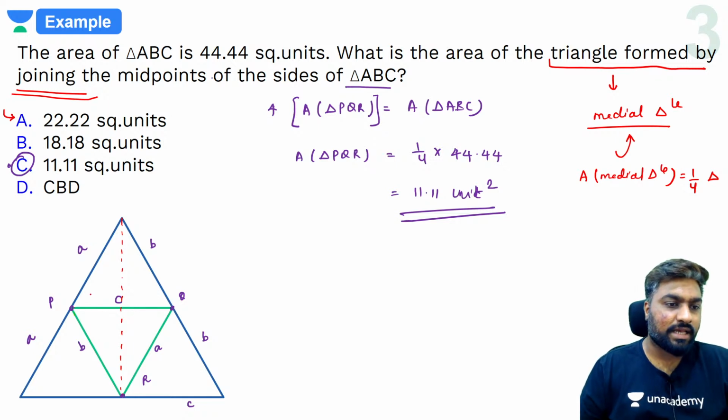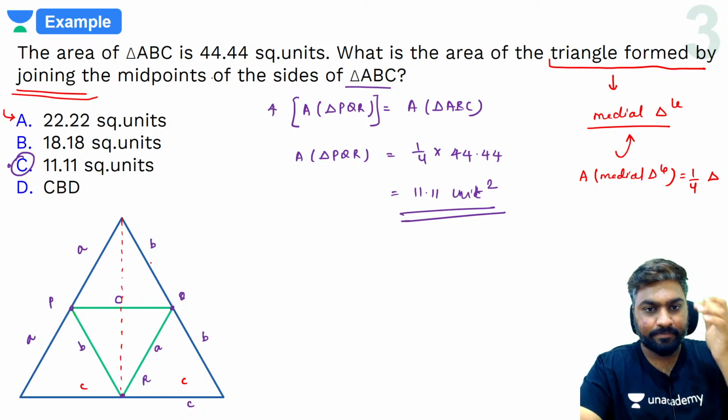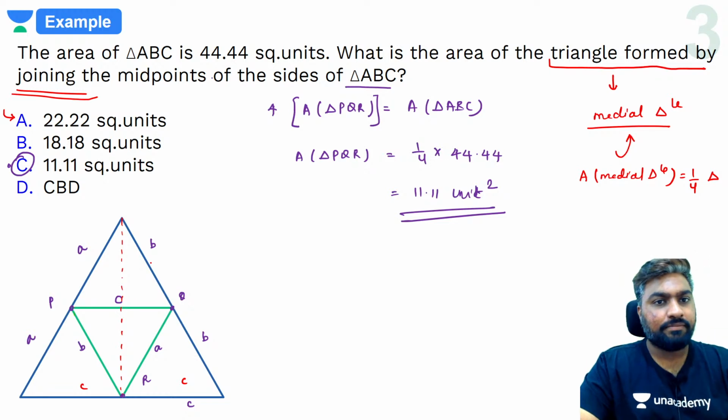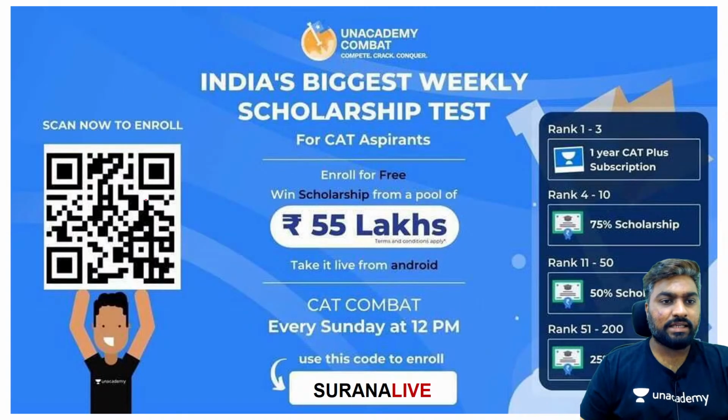This will also be bisected. This is C by 2, C by 2. Yes, this is C, this is C by 2, C by 2, ultimately making this also C. Understood, Janvi? Done? Yes, this applies for every triangle. Any triangle that you take, this will apply for that. Okay, let's move on to the next concept.